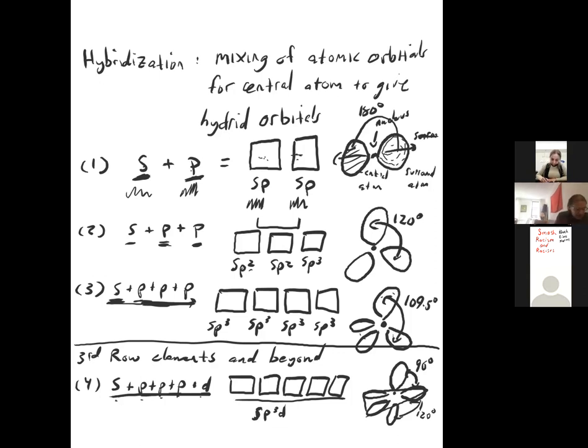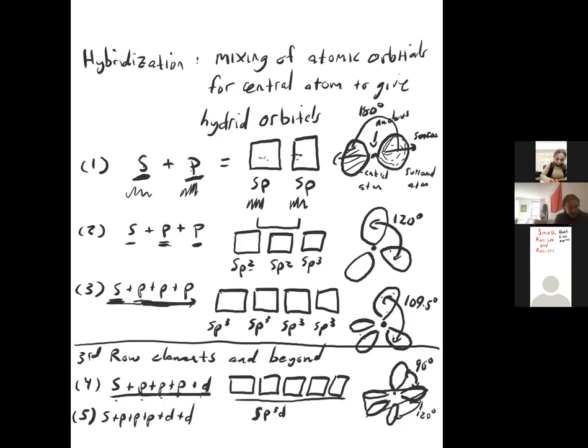The last one that we would concern ourselves with is what happens when you mix the S with all the P's and 2 of the D's. Okay, so you got 6 of them now. So remember linear, trigonal planar, tetrahedral, trigonal bipyramid? The last one is octahedral, if you remember from VSEPR theory.